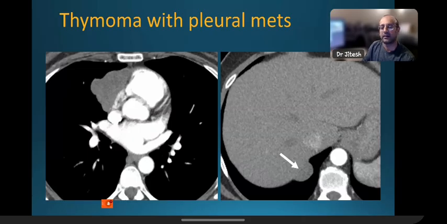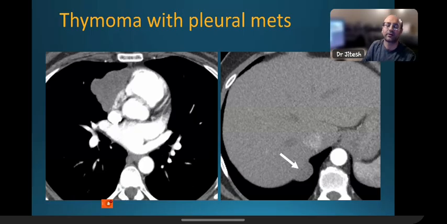It's very common to see pleural mets because of the invasion of thymoma into the adjacent pleura, and sometimes you can see pleural mets at the initial presentation in these patients. So when we're seeing a prevascular mediastinal mass along with a pleural nodule, we should be comfortable calling this thymoma with pleural mets.